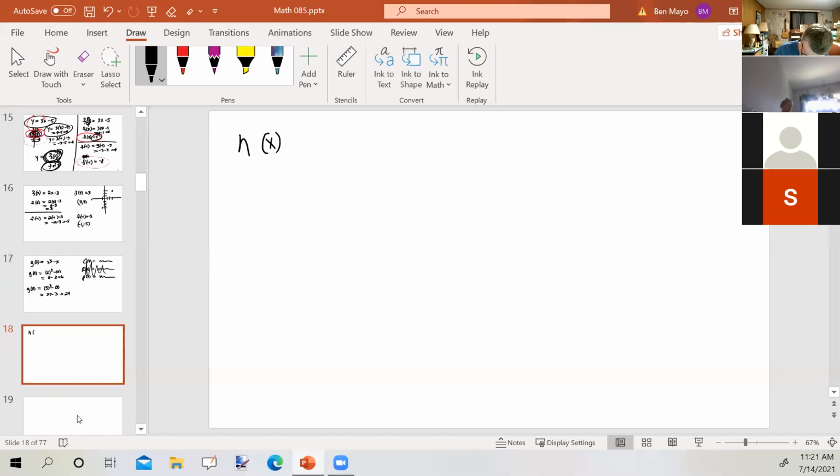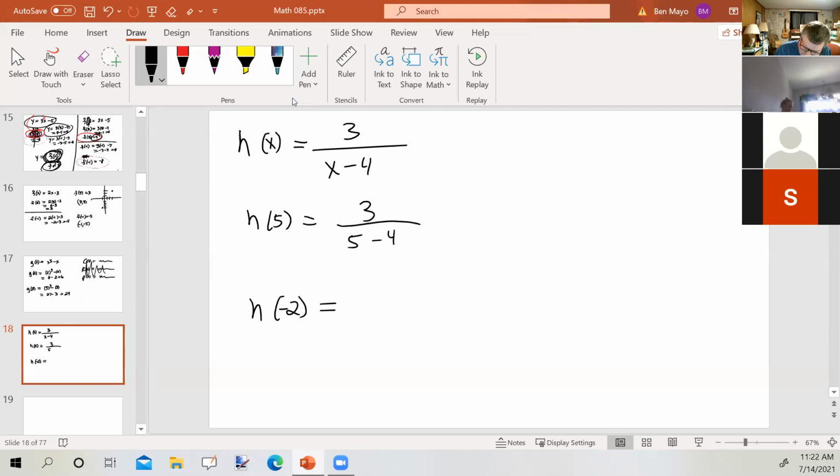H of X equals 3 divided by X minus 4. So we have a fraction here. We're to find H of 5 and H of negative 2. And notice how I'm saying that, H of 5, H of negative 2. So H of 5 is 3 over 5 minus 4.